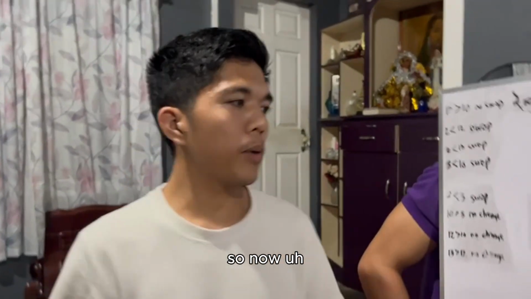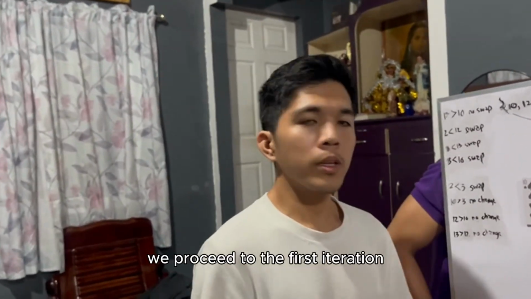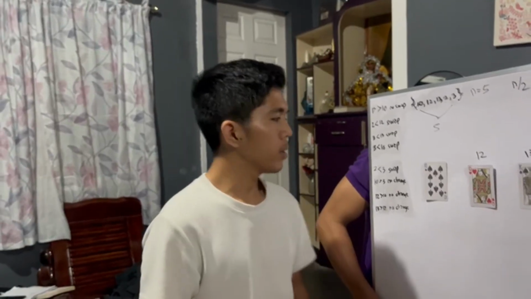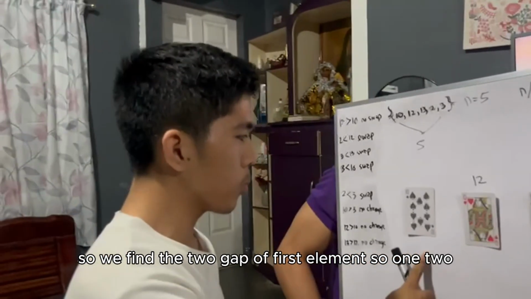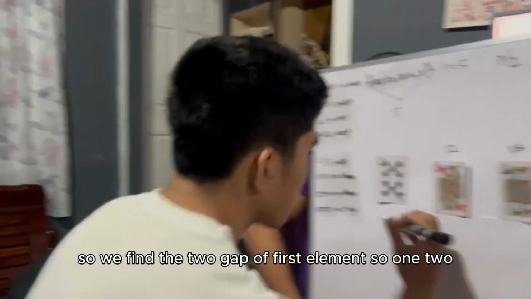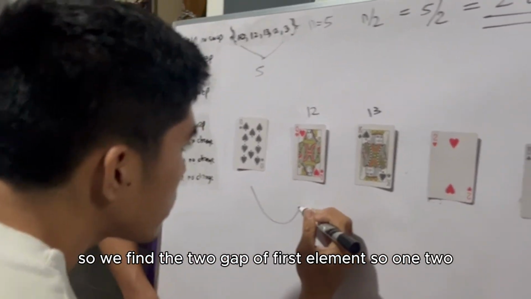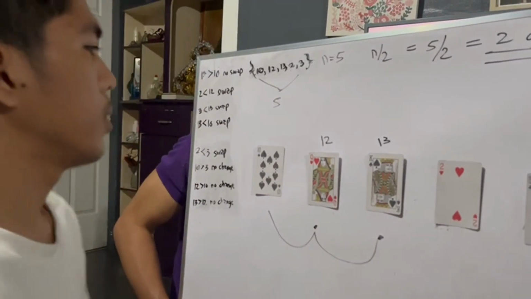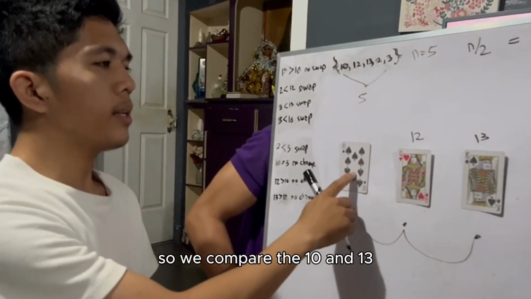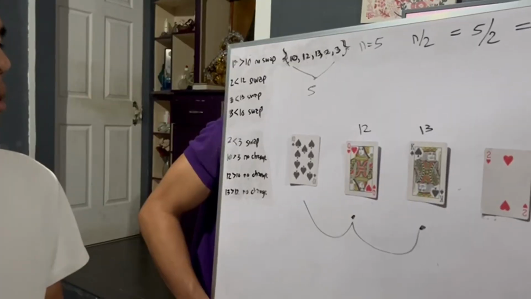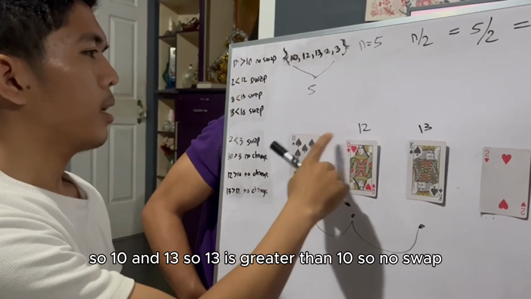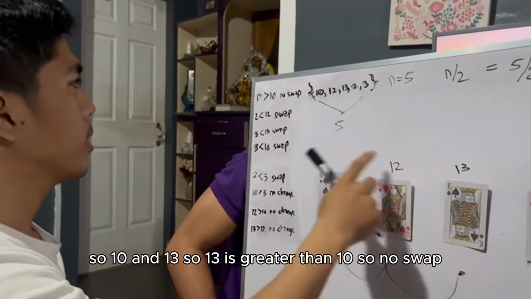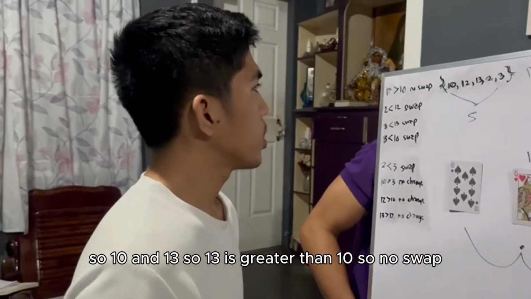Now we proceed to the first iteration. We find the 2 gap of the first element. So we compare the 10 and 13. 13 is greater than 10, so no swap.